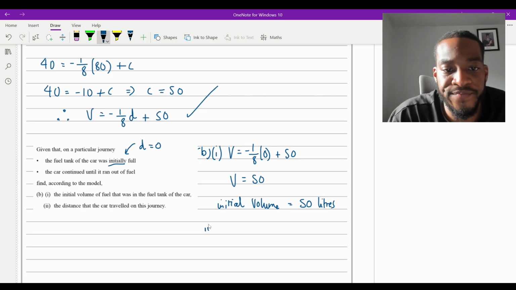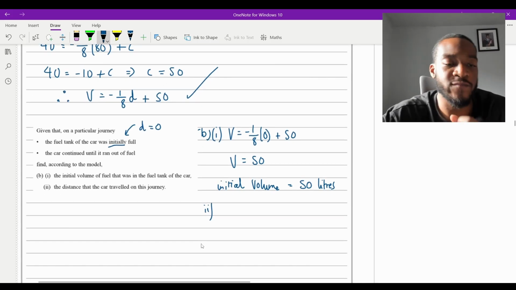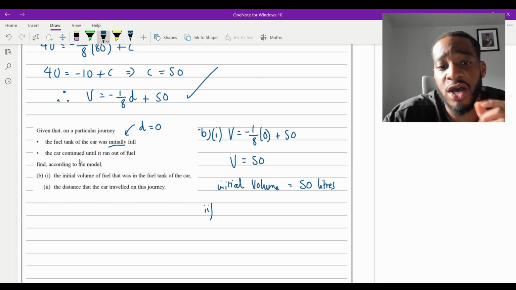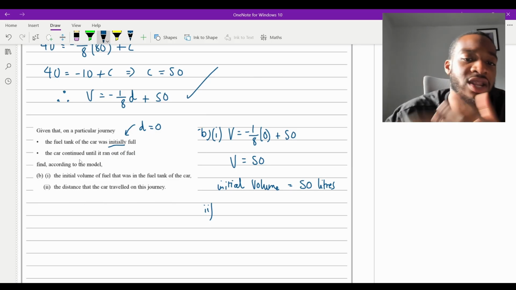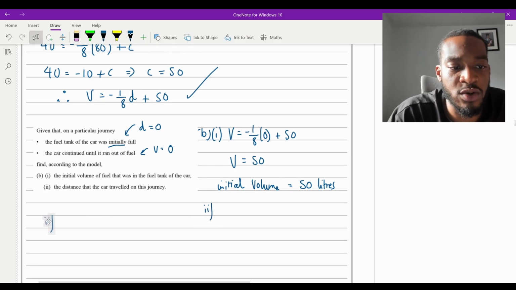Okay, now B double I asks us to find the distance the car traveled on this journey. Well, we know that the car continued until it ran out of fuel. It started with 50 liters. If you run out of fuel, you're going to have no liters left, which implies that V must equal 0. So what we can do now is just plug in V for 0 into our linear model to figure out the value of D. So that would be 0 will equal minus an eighth D plus 50.